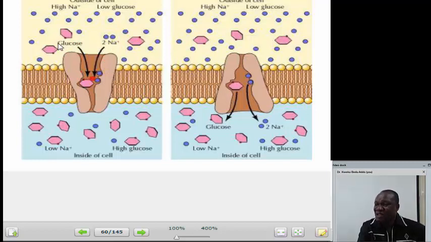So here, sodium will bind to the carrier. Glucose will also bind to the carrier. Now the carrier will undergo a conformational change here.